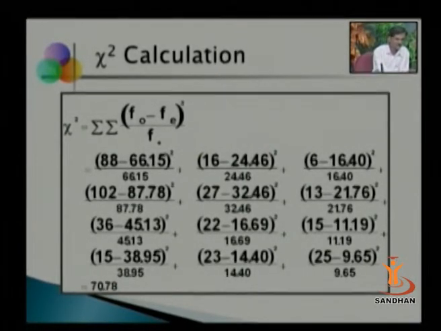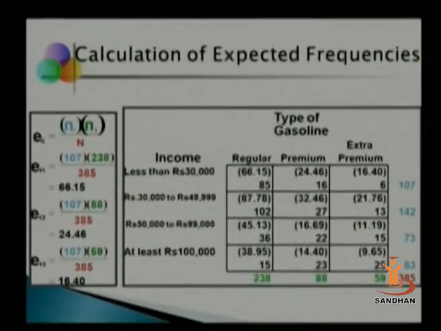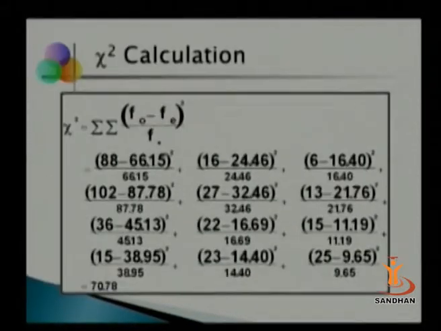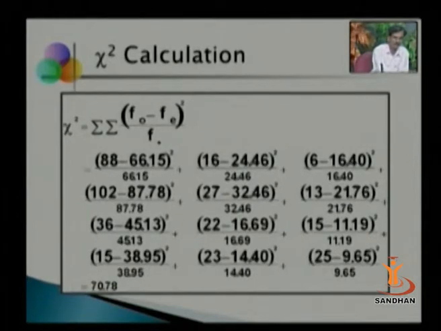The test statistic is chi-square equals the double summation of (O_ij minus E_ij) squared upon E_ij. Using the previous table, it comes out to be 70.78.